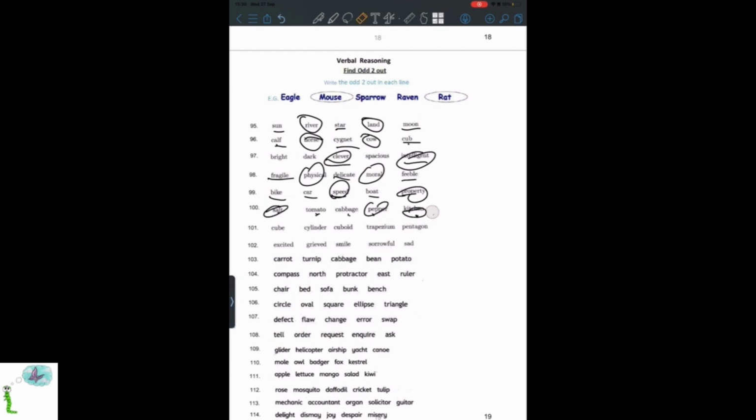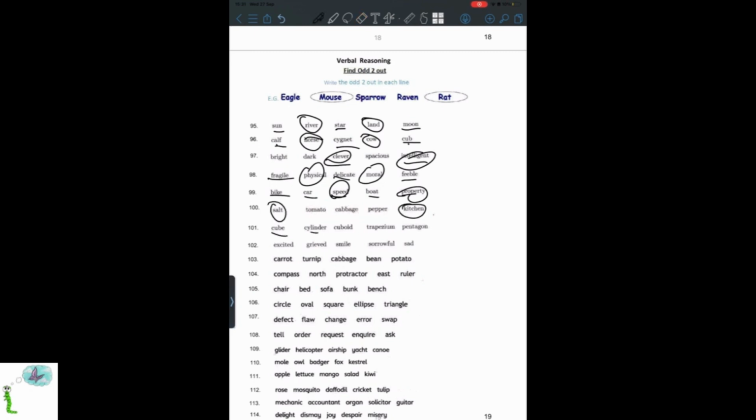There's no rule there. So you have to realize that, because it can't be tomato, cabbage, kitchen either. You have to think of the pepper, the food pepper, right? And then those three are all foods, and then you can say these two are the odd two out.